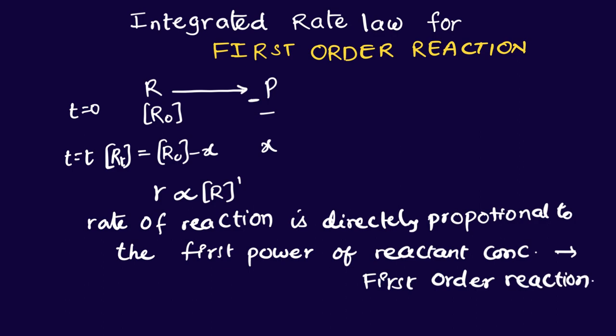Now rate is proportional, so we can place the constant K, and reactant concentration power 1. This can be written as rate is equal to minus d R concentration by dt is equal to K R concentration power 1.